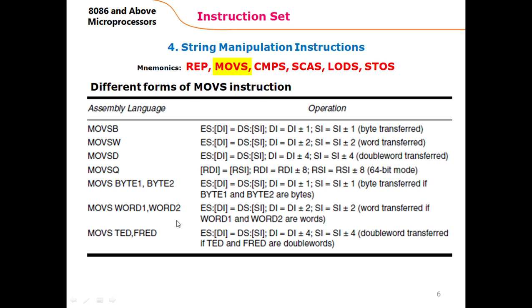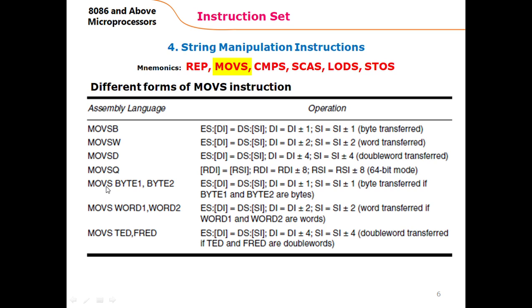There are some different forms of MOVS instruction, and two arguments are used just like the MOV instruction, but these two arguments would identify if the transfer is a byte, a word, or a double word.